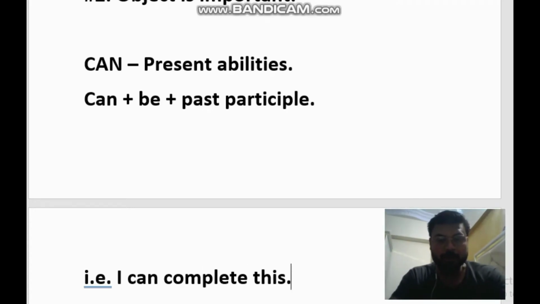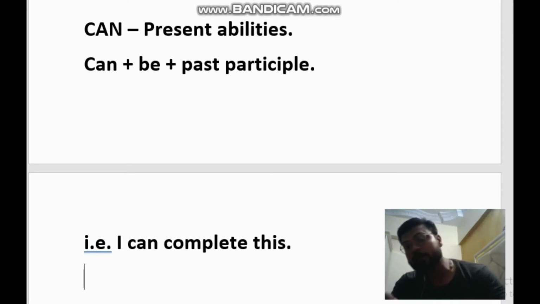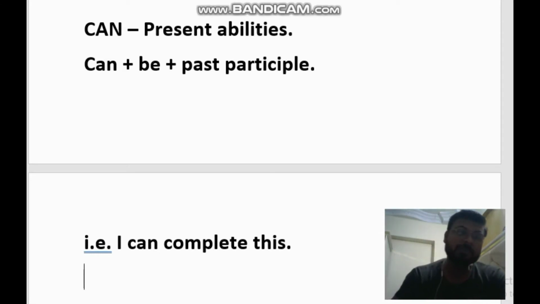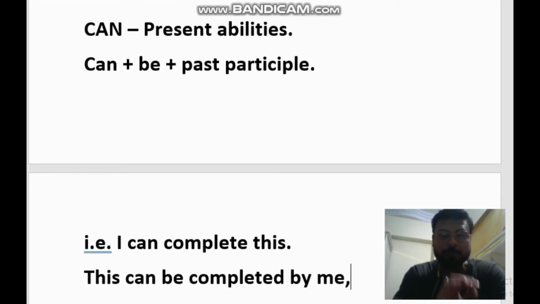So how are you going to form the passive? We know the rule that the object replaces the subject and the subject replaces the object, means the object comes to the place of a subject and the subject goes to the place of an object, right? So this can be completed by me, and that's it.